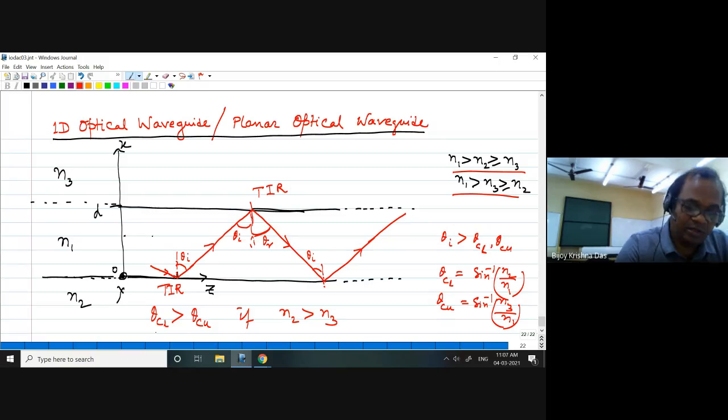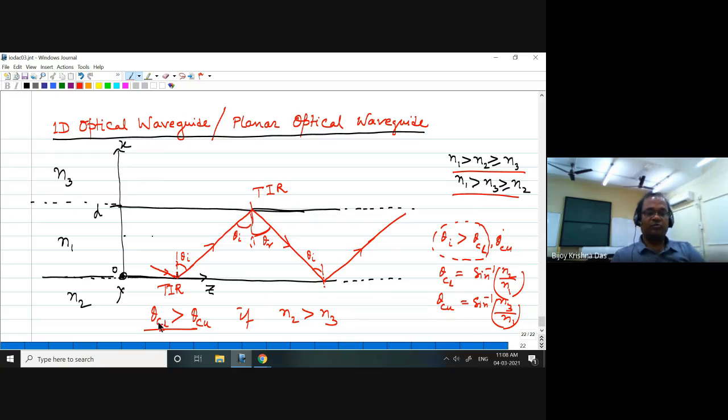So if theta CL is the highest among these two, then the total internal reflection condition will be satisfied only if theta I is greater than theta CL. Obviously it is then greater than theta CU as well. Okay, clear? So I am considering N2 is higher. So far so good.